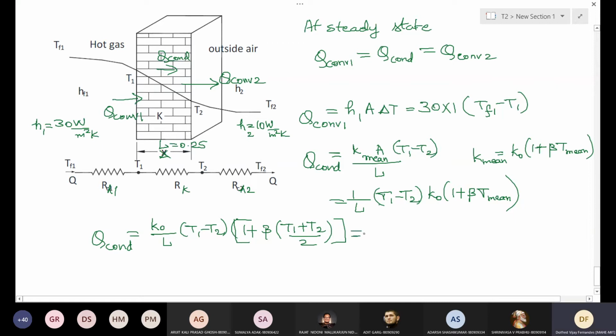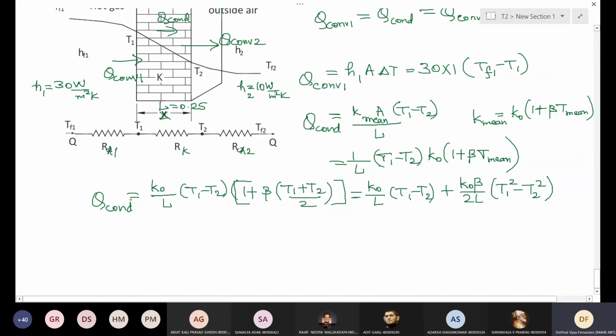And you can write it as K0 by L into (T1 minus T2), then K0 beta divided by 2L into (T1 square minus T2 square). Okay, so we can see that K0 is known, L is known, K0 beta by L we also know, but only T1 and T2 we don't know.